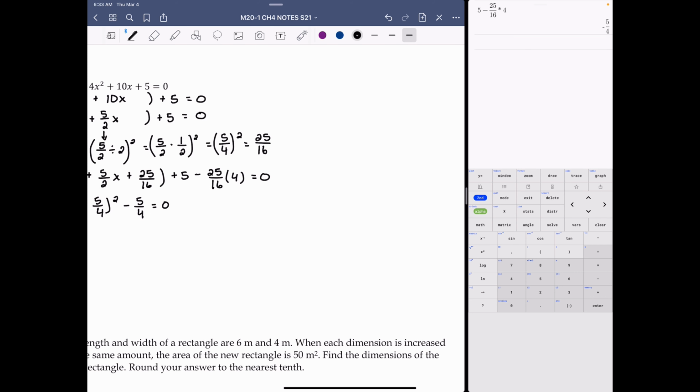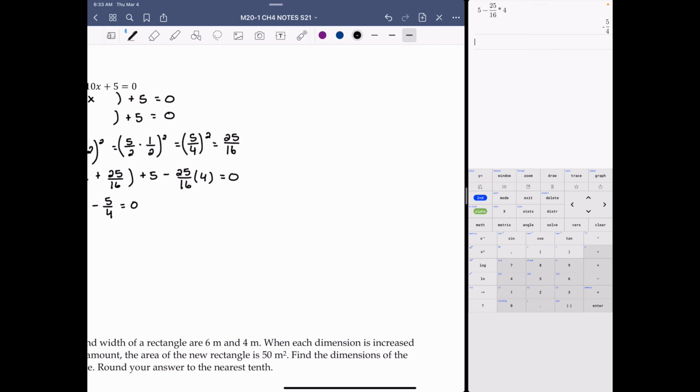Now we need to solve that for x. Add 5 over 4 to both sides. We get 4x plus 5 over 4 squared equals 5 over 4.